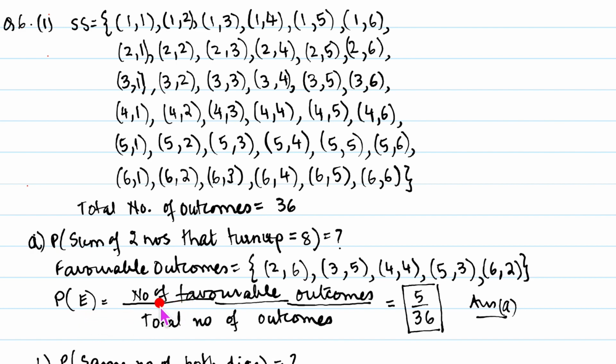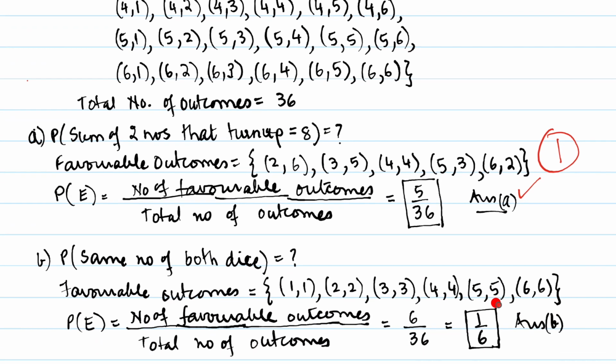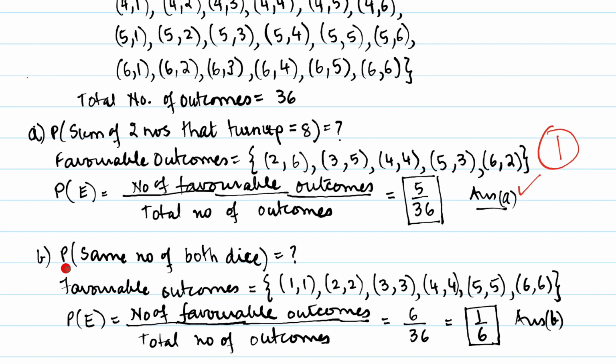Probability of any event is the number of favorable outcomes upon total number of outcomes, that is 5 upon 36, and that is our answer. So if we've done this properly, we will get our 1 mark. Then we come to the second part, that is B part, the probability that the same number will be on both dice.